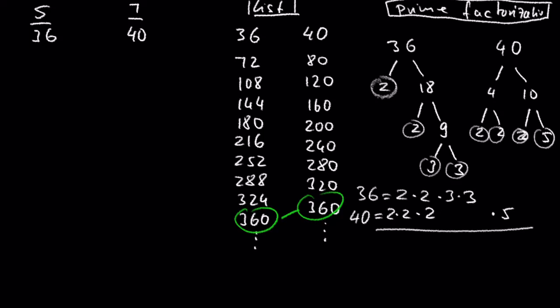Just ensure that you don't repeat the factors that 36 and 40 have in common. Hence we have 2 times 2 times 2 times 3 times 3 times 5, which is 360.